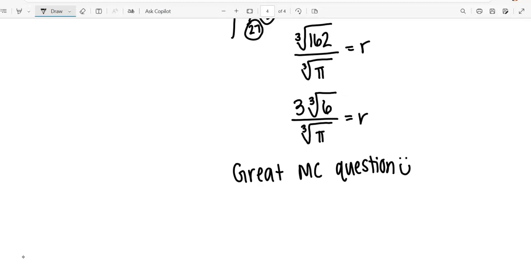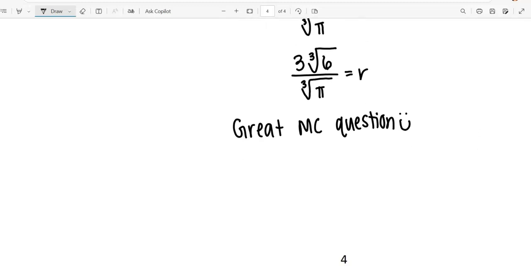Because what happens if you had decimals for your answer choices? What would you do? I would just type it in my calculator, right? If you had multiple choice answers that were fractions, you would have to find which one would be equivalent to this, right? You might have to multiply by the cube root of pi squared and get pi on the bottom and all that good stuff. But we're going to keep it here for now because we cannot rationalize that denominator.